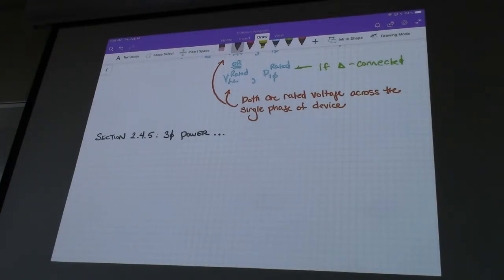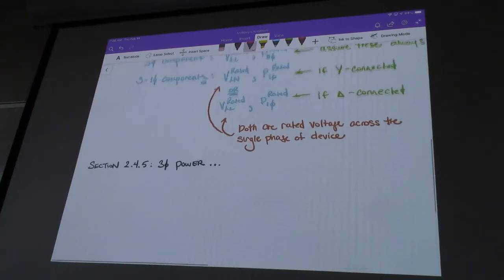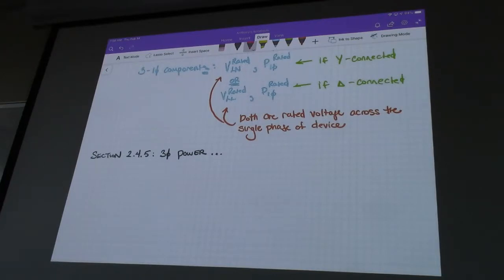Well, I guess what it's essentially talking about is the conversion between single-phase and three-phase power, which is really easy. That's an easy one. Right. Three-phase power.